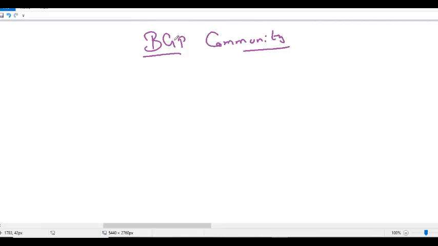Even for a single router, you will be pointing towards multiple neighbors, no? Whenever the route comes from that neighbor, this is the weightage. Anyway, our aim here is not to learn weight, focus on community.